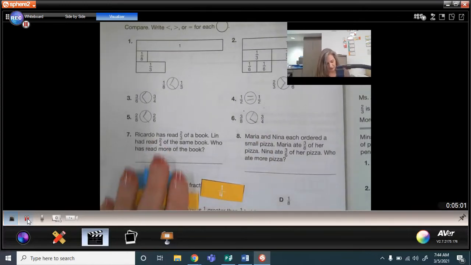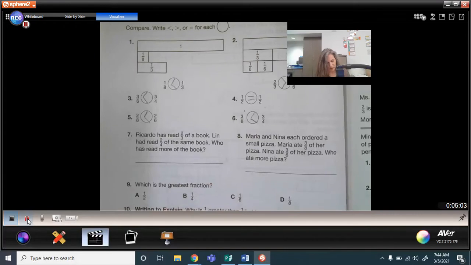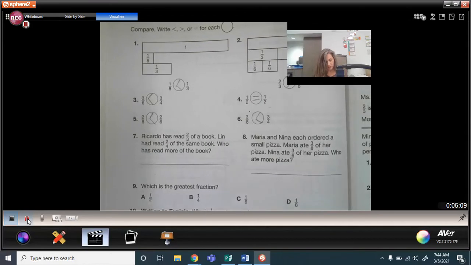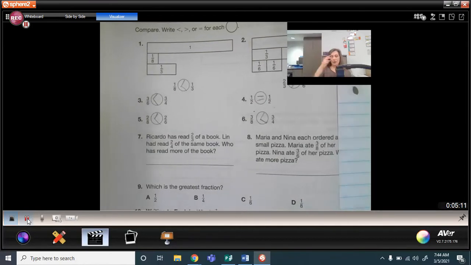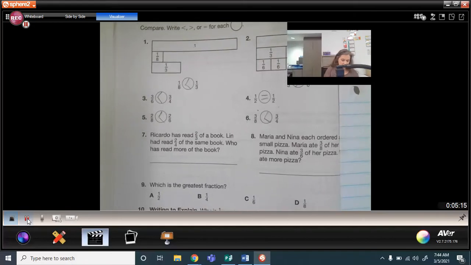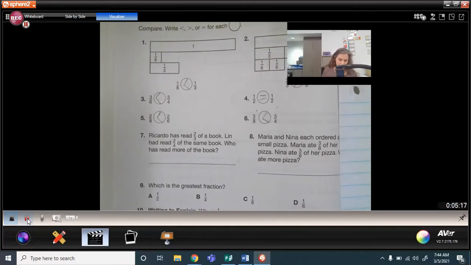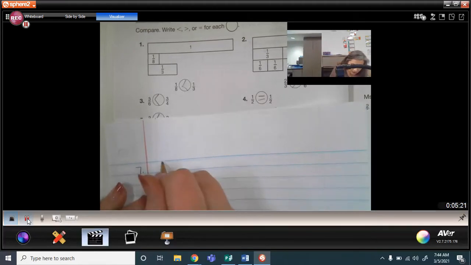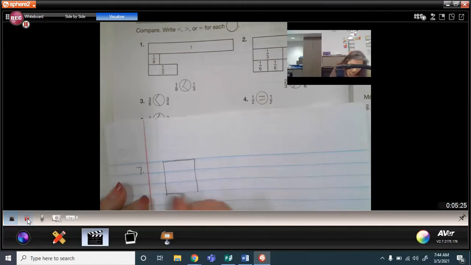Okay, let's take a look at our next problem. It says Ricardo has read 2/3 of a book. Remember, I asked you to model. If you modeled yesterday correctly, you would see this. If you drew a picture for number 7, I'm just going to draw a rectangle for a book. Here's Ricardo's book, and I'm going to label it with the name Ricardo.